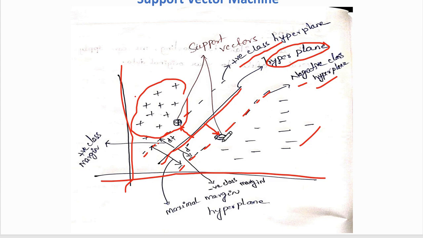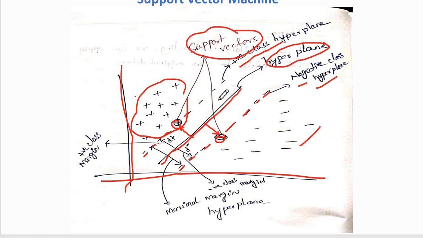These closest points to the hyperplane are called support vectors. We understood support vectors: the closest points from the hyperplane.